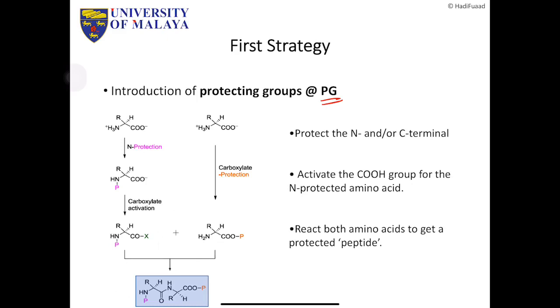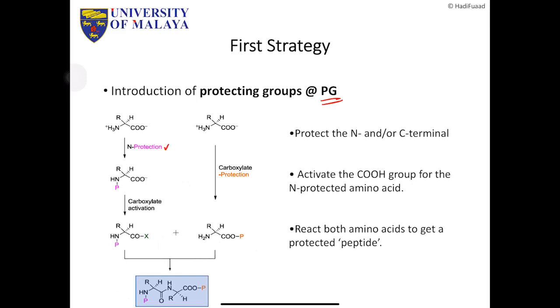Okay, so because you have two functional groups, an amine and a carboxyl, you can use two different protecting groups. So you can either protect the carboxyl, or you can protect the amine, so that you can only have one reaction going. Okay, so as illustrated on the left hand side, you can protect the N like this.